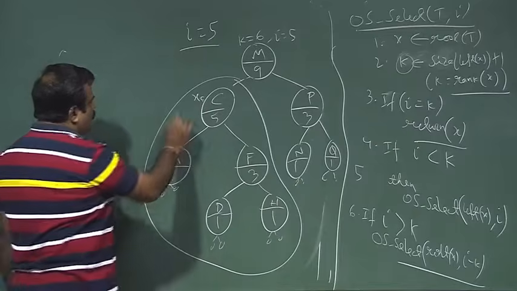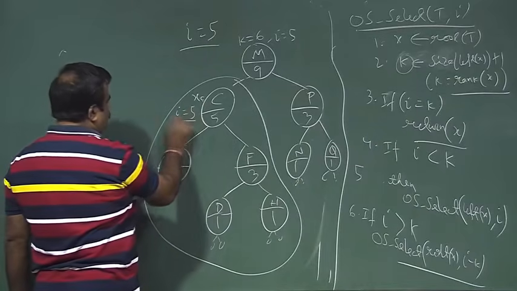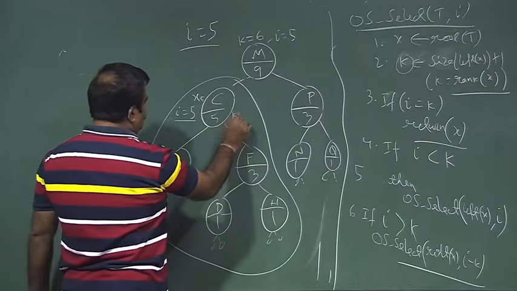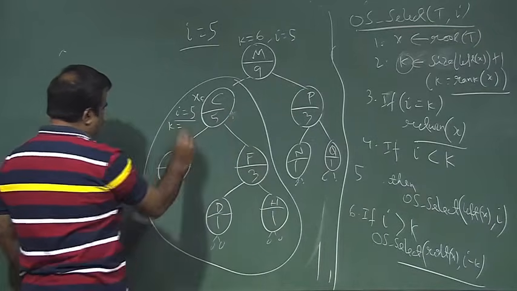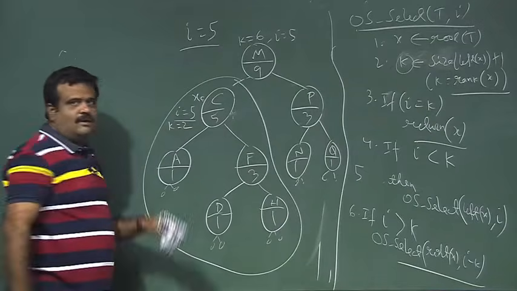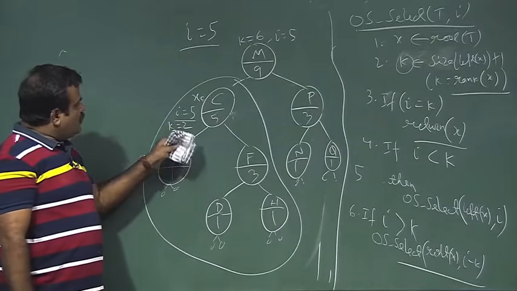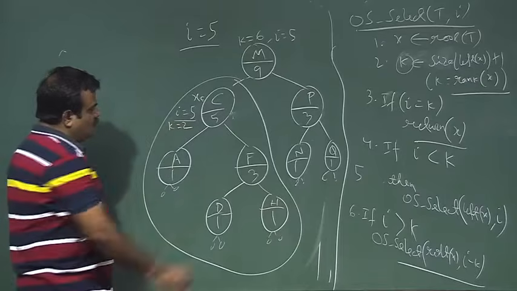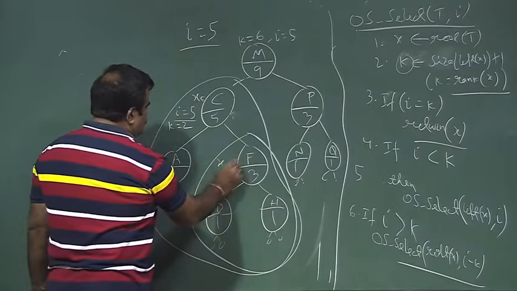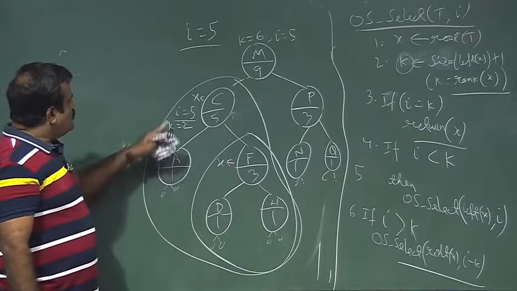What is the rank of this? The rank is the left subtree size 1 plus 1, that is 2. So, now i is greater than this.